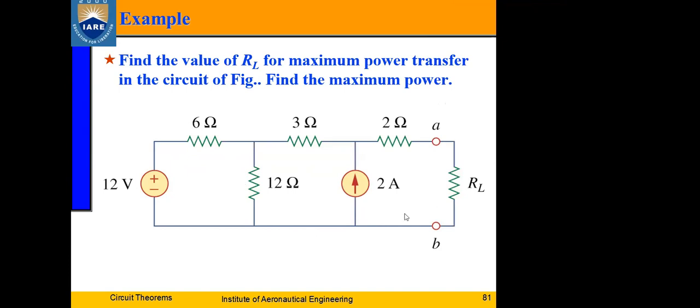Find the value of VTH and RTH, and connect the equivalent circuit. RTH is equal to 9 ohms. VTH equals 16 volts. Okay. VTH is equal to 16 volts.